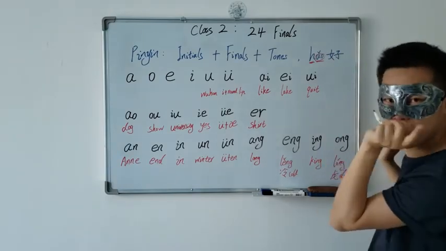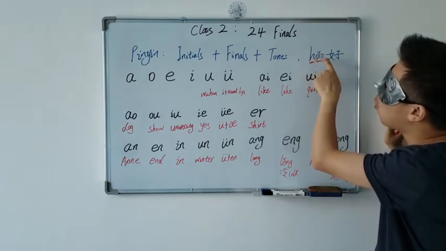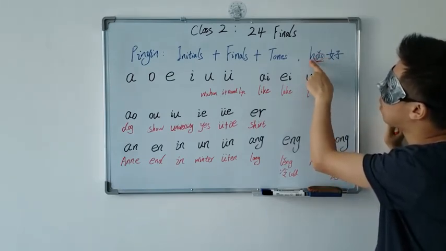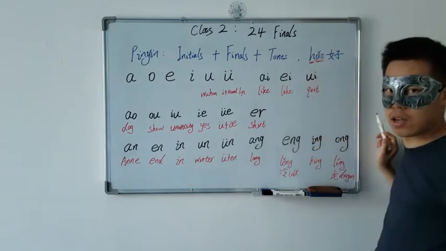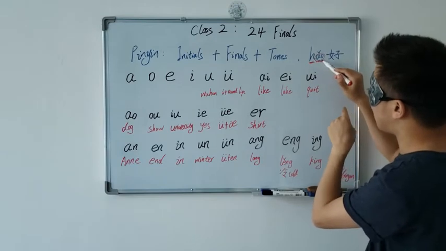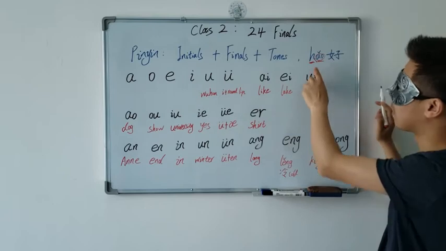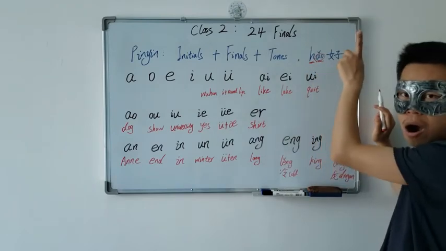So you cannot pronounce it like he a o. No, it's not correct. You have to think of it as a fixed final, like 和 ao 好.